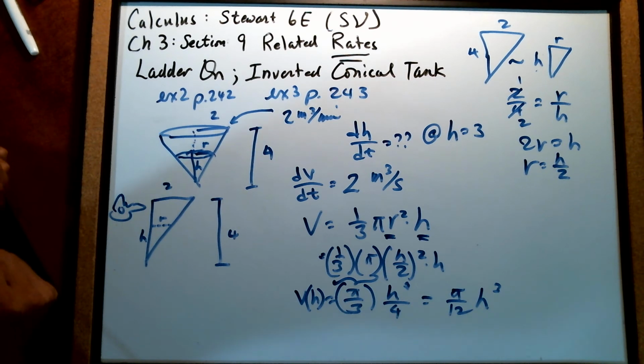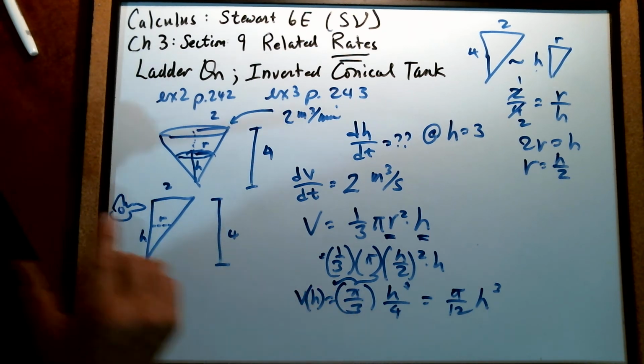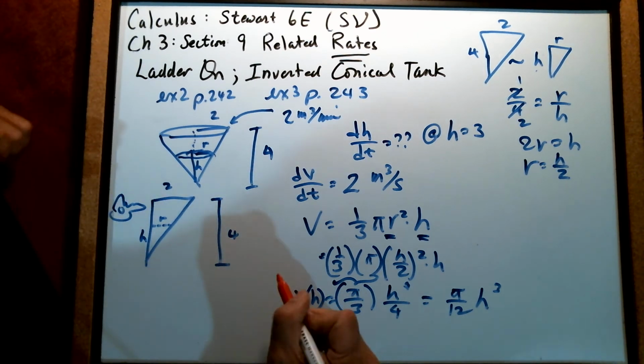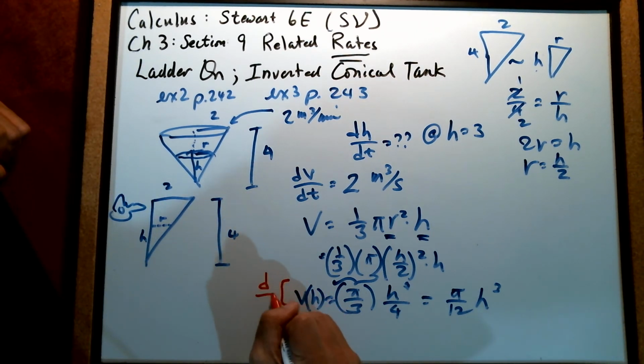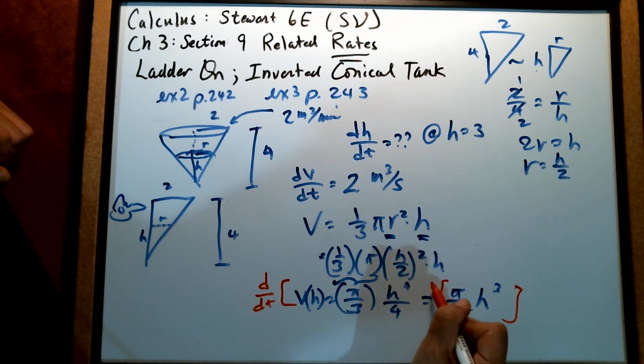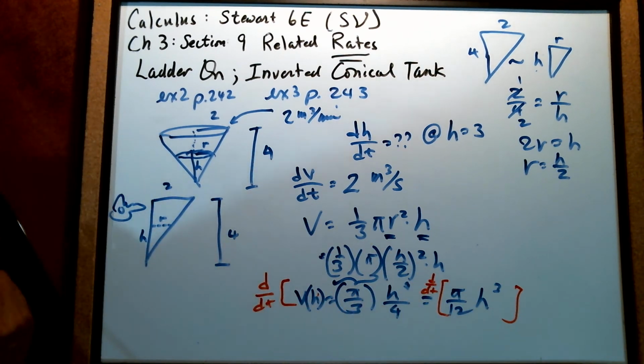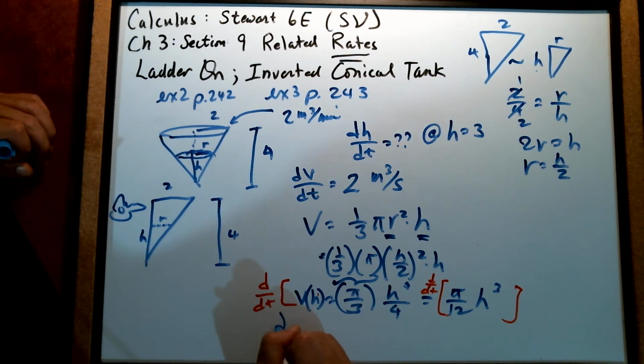So what are we going to do at this stage? Now we've got the volume as a function of h only. At this stage, we're going to take the derivative with respect to time. The easy part on the left side is going to be dV/dt.